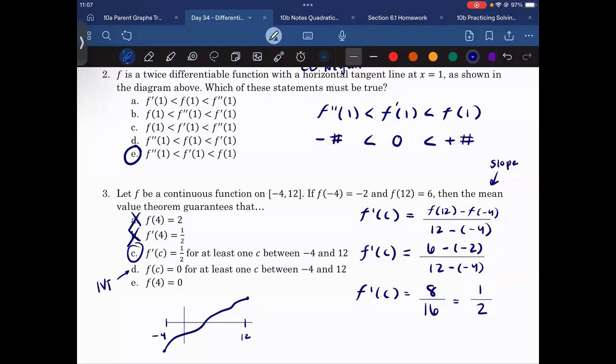If we look way back in our notes, we can see that the intermediate value theorem and all those lovely theorems, that's not really what we're looking for. We don't know that one. So we're going to just end up with C.